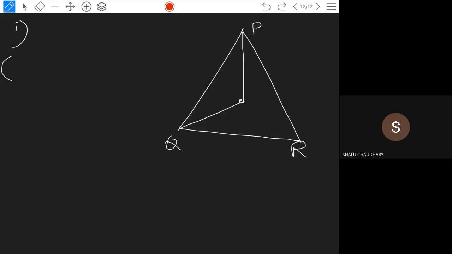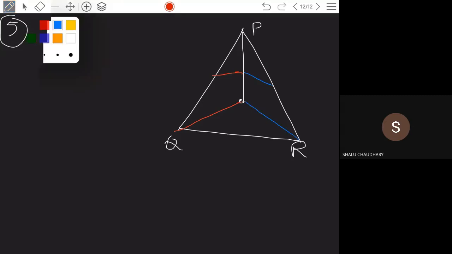This OQ, for this DE is parallel. Next, DF is parallel to OR, given. And you are asked to prove that EF is parallel to QR.